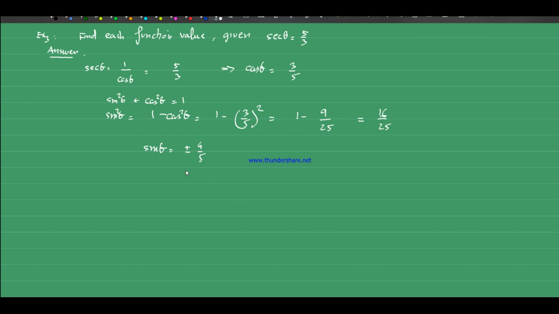Let's try to figure out whether we take positive or negative. Right here, secant is positive, so cosine is positive.